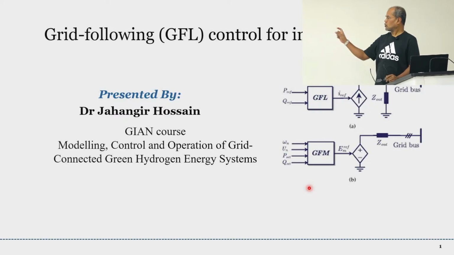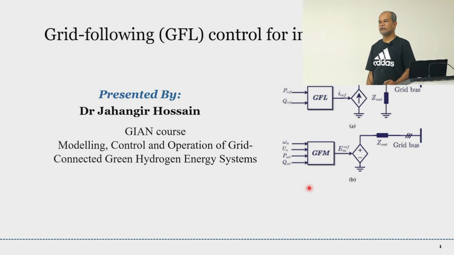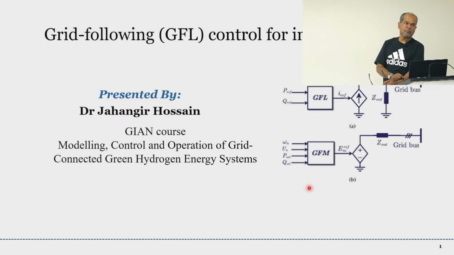But when you go for the microgrid, mainly off-grid mode, or you have the main grid but the grid is relatively weak, then we actually need a grid forming inverter.